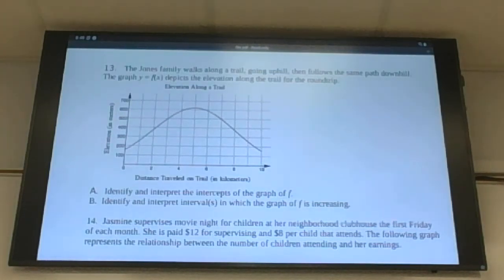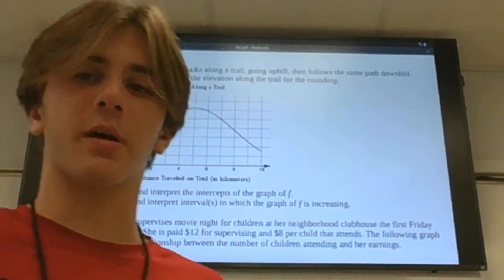Actually, for A, the y-intercept is 150. No, it's a little more. It's literally 150. No, that's not halfway, that's more than halfway.